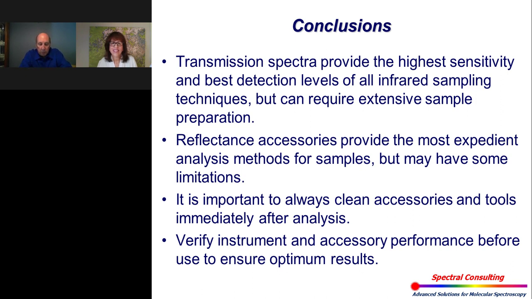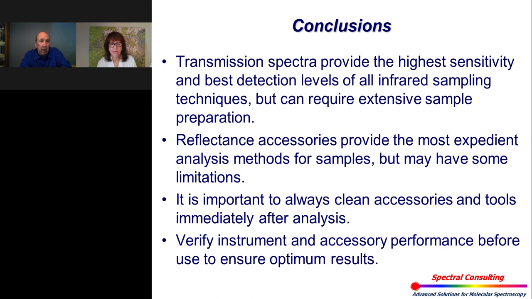A lot of it depends on what you're trying to do. For qualitative analysis where I just need to know what the material is, the ATR accessory is probably the easiest, most versatile method and accessory to do this. But if I'm trying to do quantitative analysis and I'm trying to do a very wide range of quantitation, we might want to go to one of the transmission methods because it's going to have a lot more flexibility for quantitative analysis and can accommodate a much wider detection range than, say, the ATR method or some of the other reflectance methods.